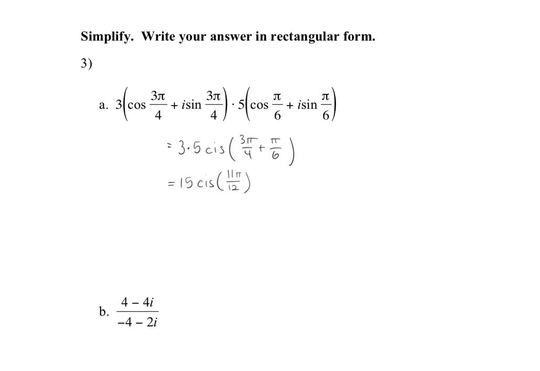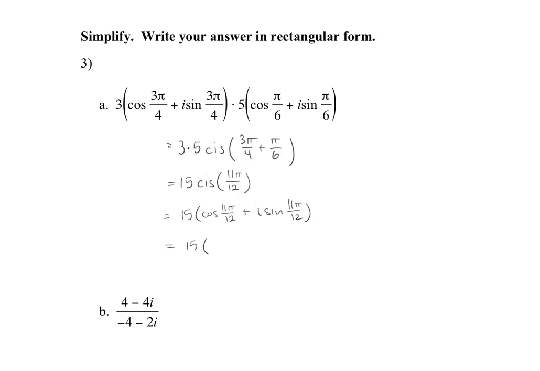And now we need to write that in rectangular form. Now, 11 pi twelfths is not one of the special angles on the unit circle, so I'm just going to estimate.